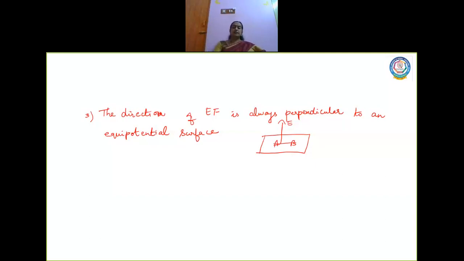Hence, the electric field is always considered to be perpendicular to an equipotential surface. Is it clear, children? So this is very, very important. Now the second point that we discussed, what is the second point we discussed? No work is done by the electric force in moving a charge on an equipotential surface. The third one is the direction of electric field is always perpendicular to an equipotential surface.